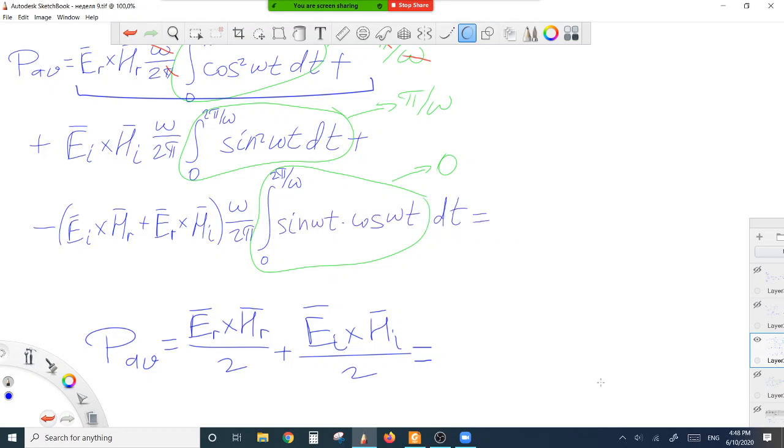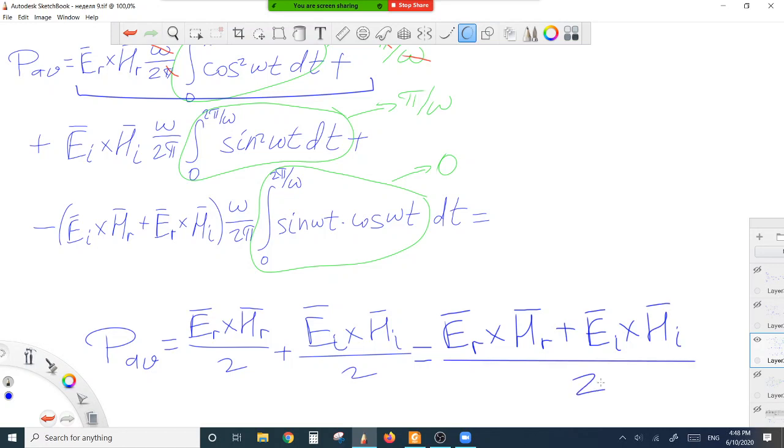And the resultant time averaged Poynting vector will be, so it is simple, Er cross Hr plus Ei cross Hi over 2.